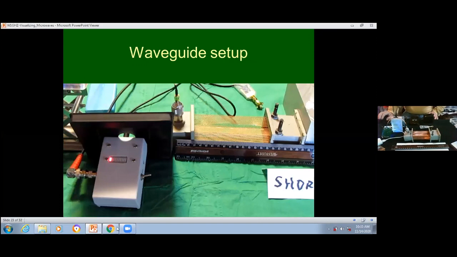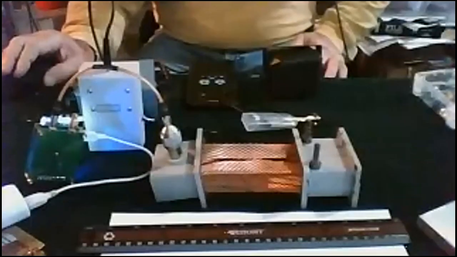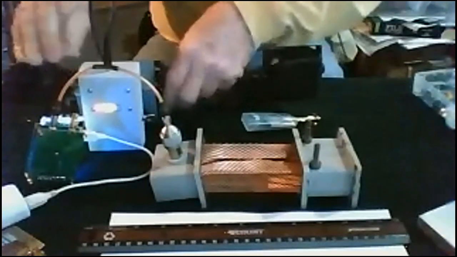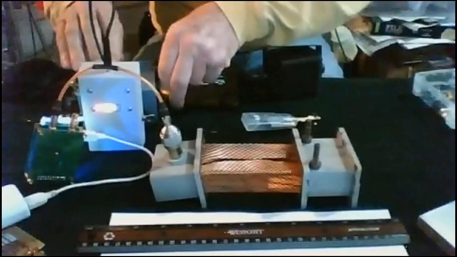Okay, let's go back to the live demo. Turn off, stop share. There we go. Okay. So, LED.